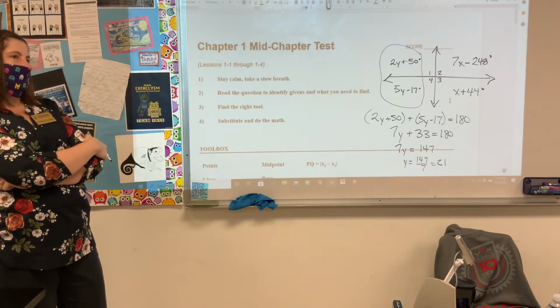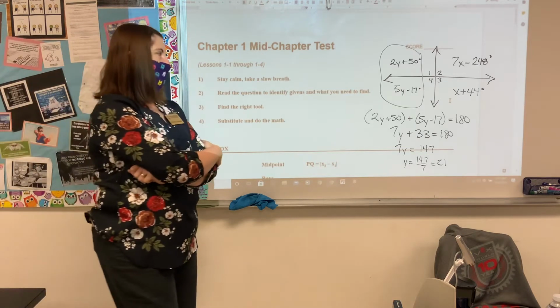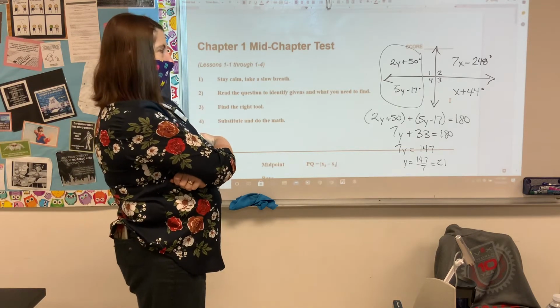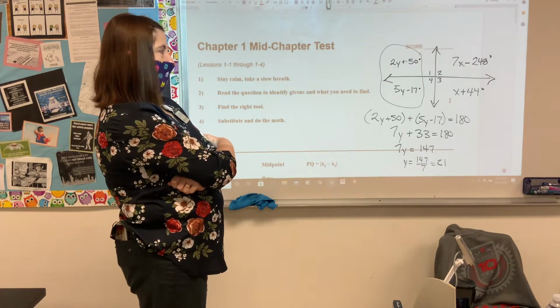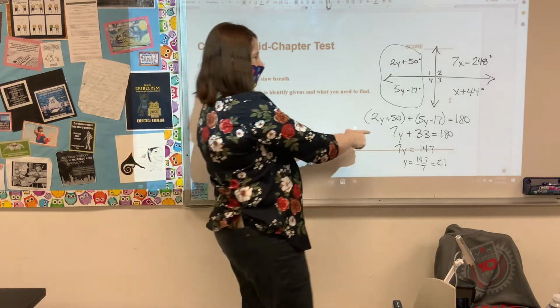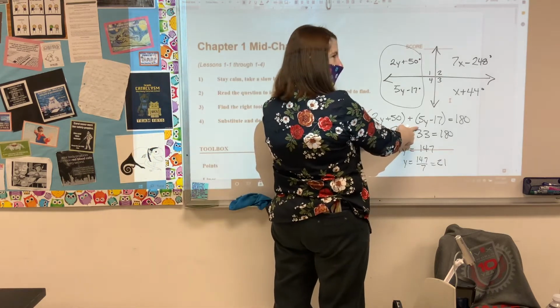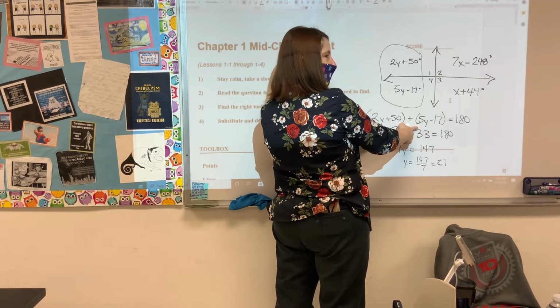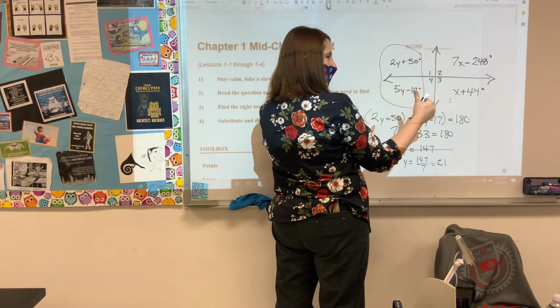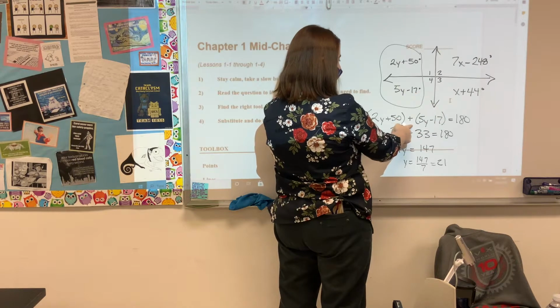Well, I think, first of all, I subtracted the 2y with the 5y and I got 3y instead of 7y. Maybe that's. Why did you do that? Not sure. I'm not really sure. This part makes sense at the moment, correct? Yeah. Like I said, I can make mistakes too.